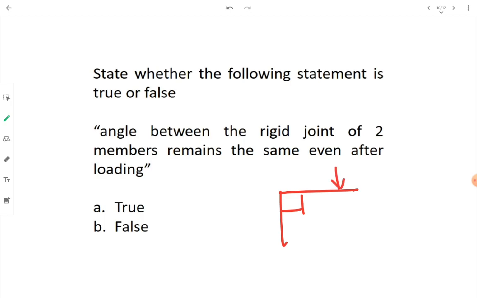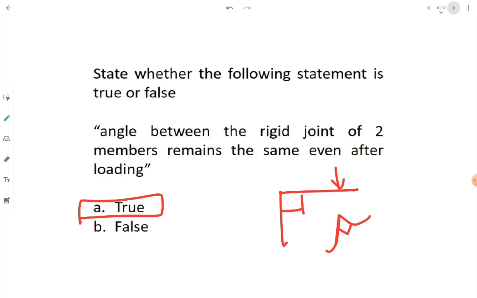Even after loading, some rotation will take place with respect to the member, but the angle will be maintained as it was before the rigid connection was loaded. Therefore, the answer is true. A rigid connection maintains the angle between the members before and after loading.